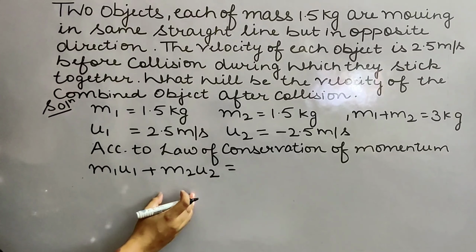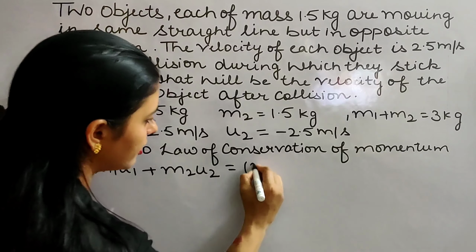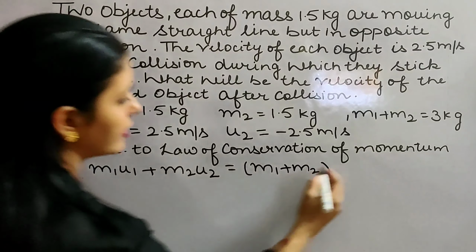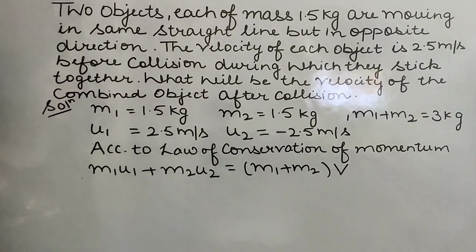When these two objects collide, they will stick together. That means after collision, combined mass multiplied by velocity. This combined velocity of the objects we have to find.